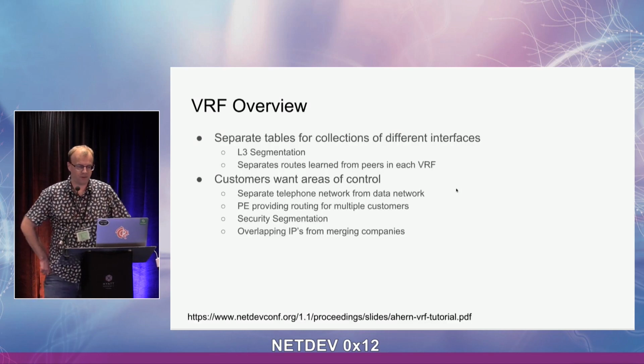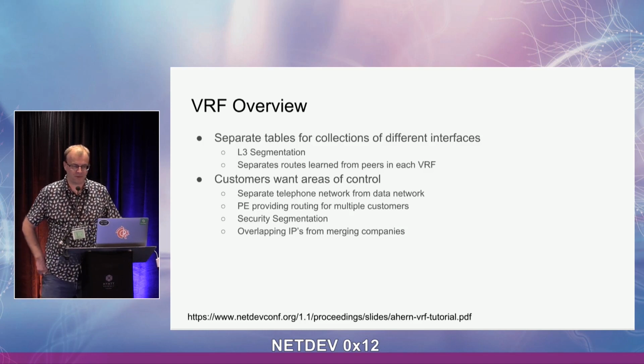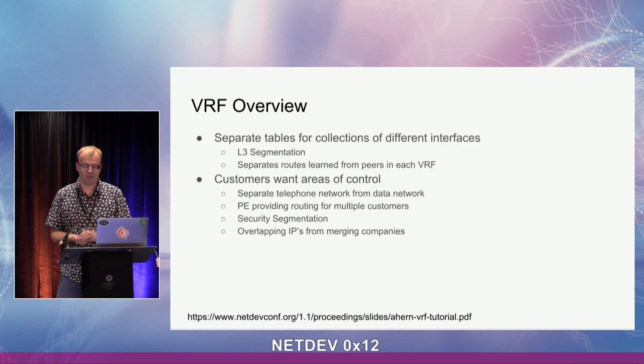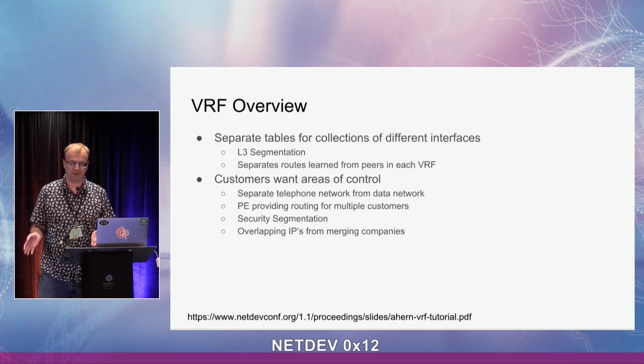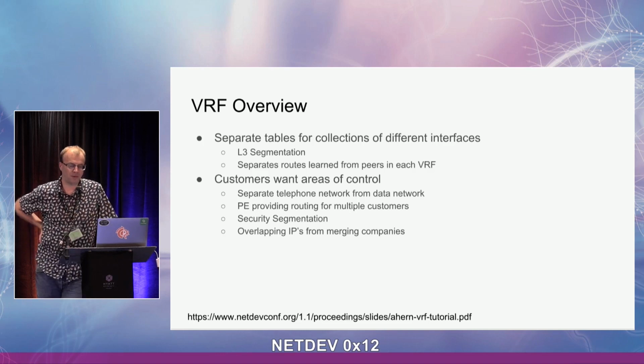All right, so I just kind of talked about VRFs, and FRRouting supports two different types of VRFs. There's the VRF device. I'm sorry, I've skipped a slide here. VRFs are separate tables for a collection of different interfaces. It provides layer 3 segmentation, and it also provides the ability for routing protocols to install the same routes into different tables.